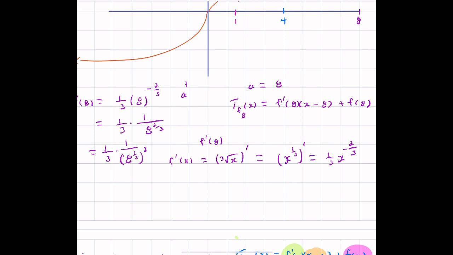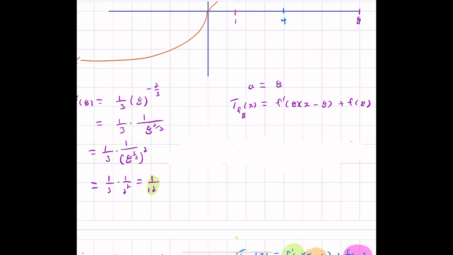So a to the power of b times c is a to the b to the c, and a to the 1 over b is the bth root of a. These are just our exponent rules at work here. And negative exponents are like dividing. So just in case people were wondering where this is coming from, I get 1 over 3. The third root of 8 is 2, so that's times 1 over 2 squared. So that's 1 over 3 times 1 over 4, which is 1 over 12. So after all this, we get f prime of 8 is 1 over 12.